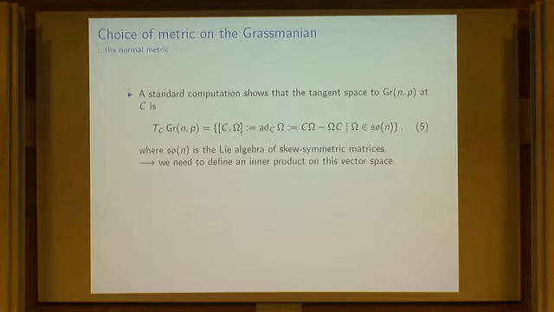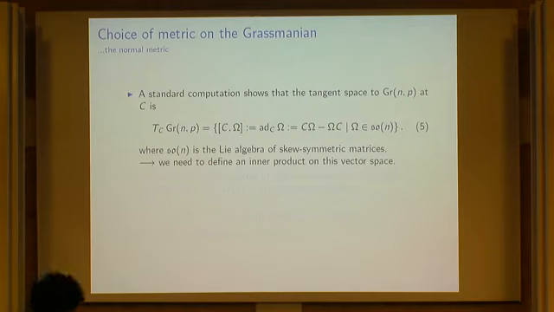Okay, so we mentioned the tangent space, so I need to find the tangent space of the Grassmannian. A standard computation shows that the tangent space at a point C, at the matrix C, is given by this vector space. It's a space of matrices, the bracket of C with omega, where omega is skew symmetric, by which I mean omega transpose is equal to minus omega.